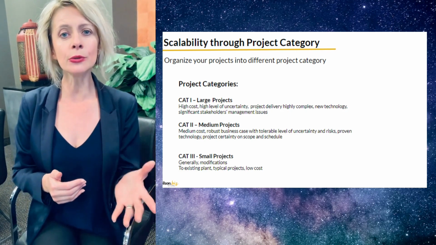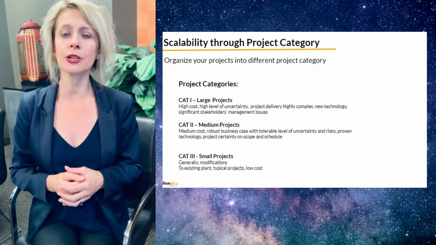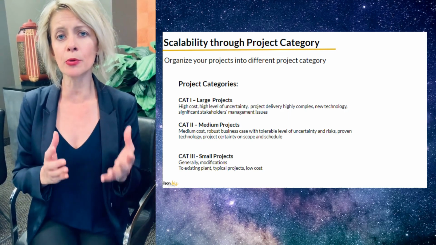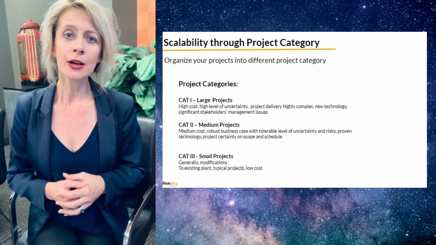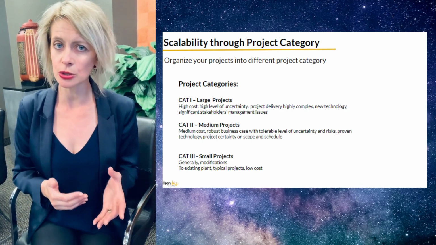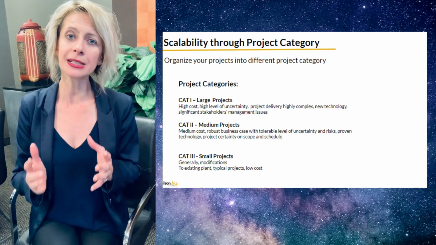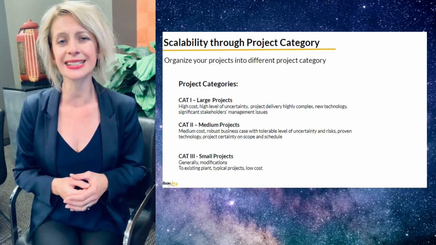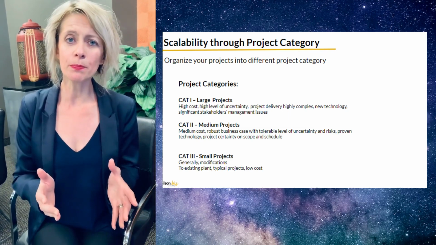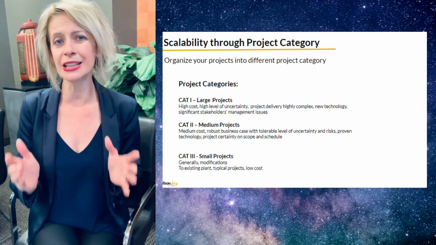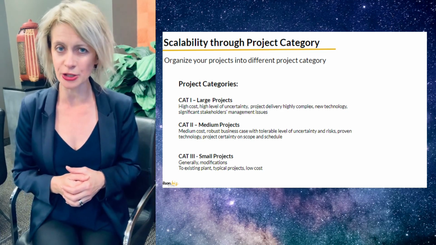The category 2 might be for medium projects of medium cost, a tolerable level of uncertainty and risk, proven technology with some stakeholders management issues. And category 3, for example, could be for small projects, generally modifications to the existing plant, typical projects of low cost and low need for stakeholders engagement.